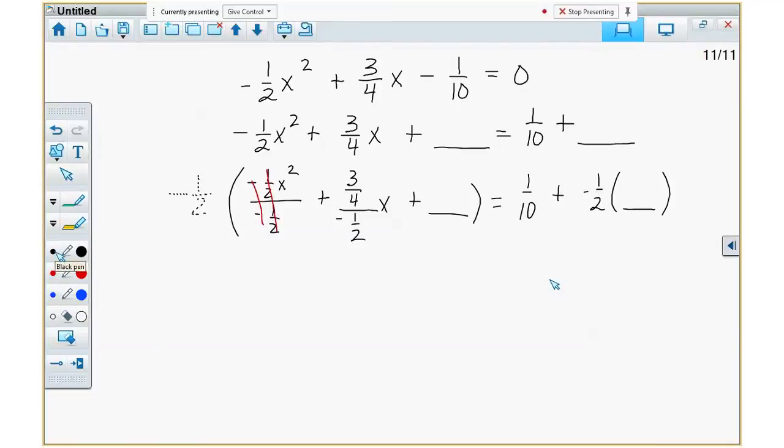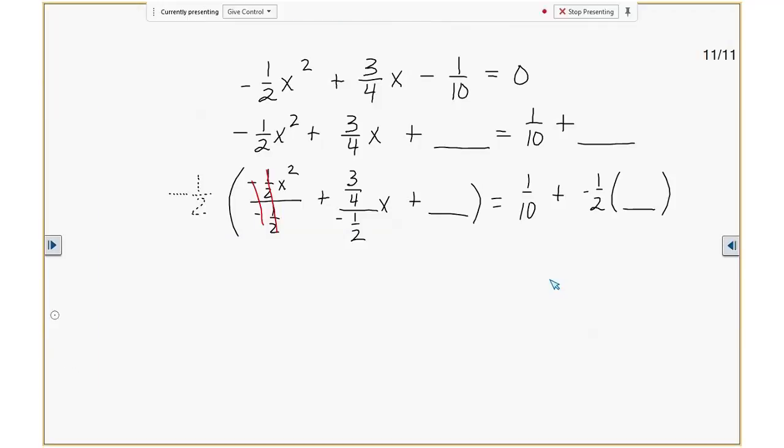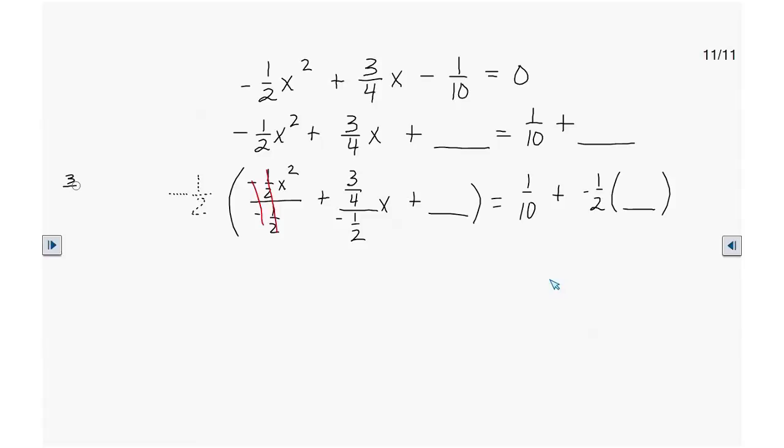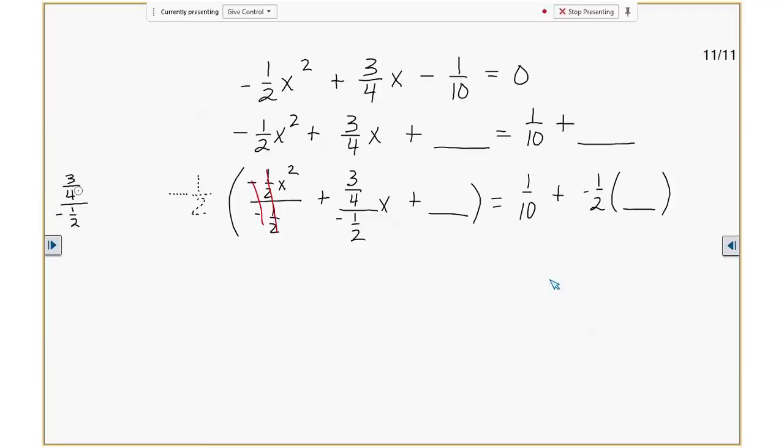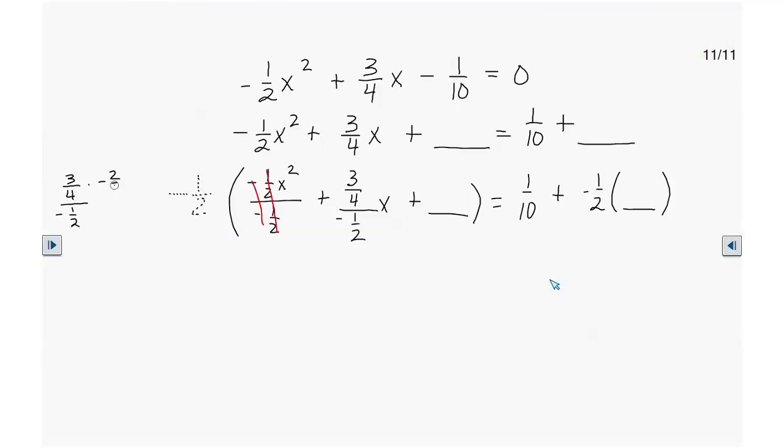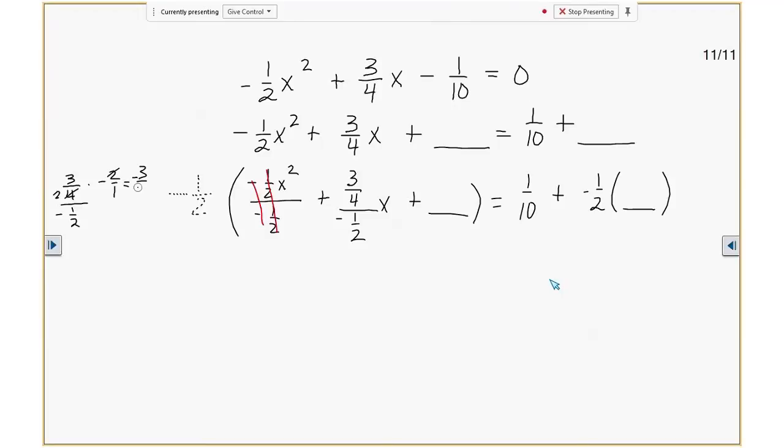Over here, I'm going to take it over here so we can do it. 3/4 divided by -1/2 is multiplied by -2/1, which gives us negative what? 3/2.